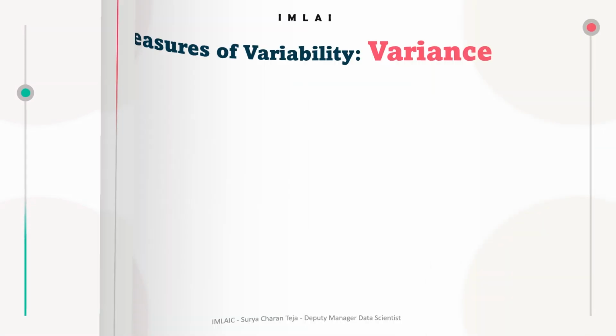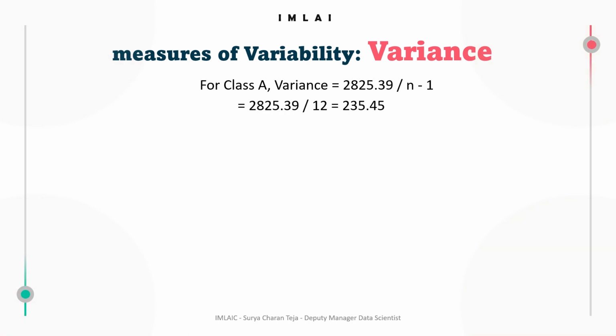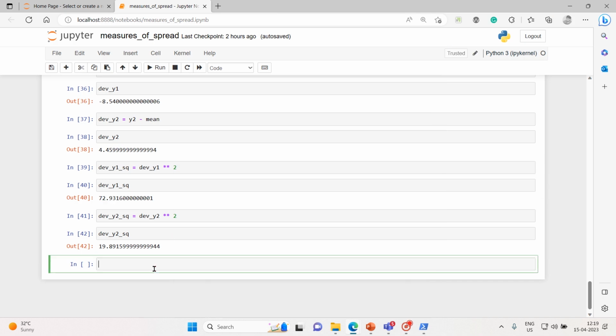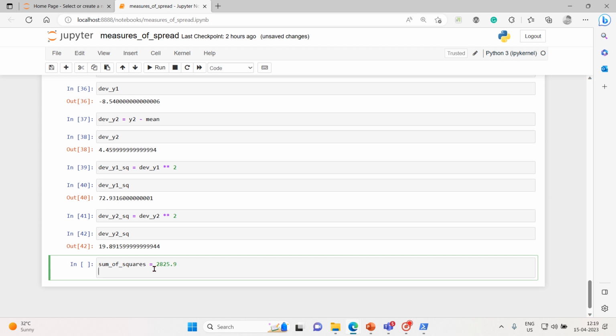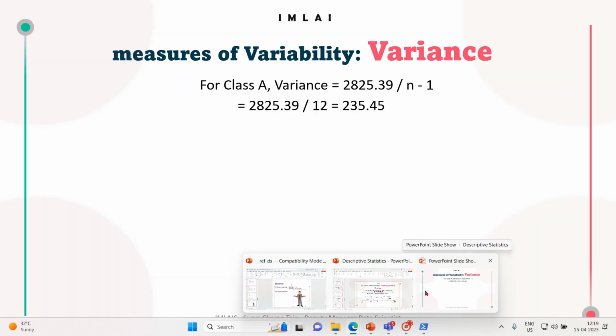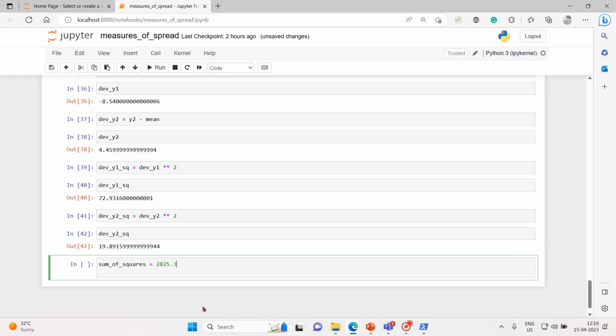So now we'll get back to our previous example for class A. The variance is equal to the sum of squares, that is 2825.39, divided by n minus 1, because that's a sample out of our population. The sample size is 13.